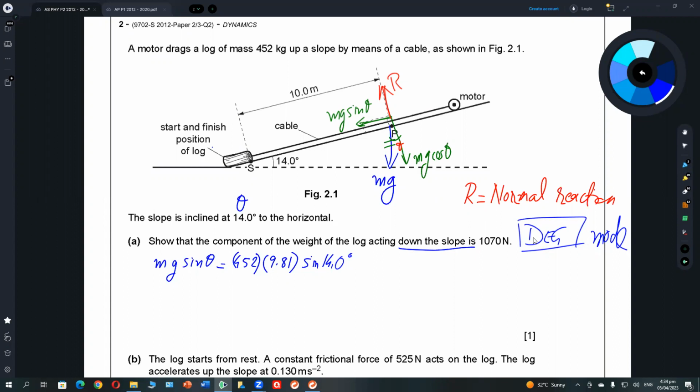I am getting 1073 Newton. He says 1070, so it's a sig fig issue, and I have rounded it.